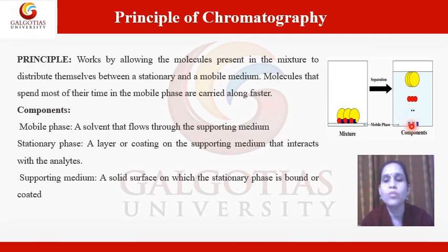If we take a polar solvent, then what will happen? The polar compounds also move faster. That means the compounds will be separated on the basis of their solubility in the mobile phase, or in the solvent we are using here.